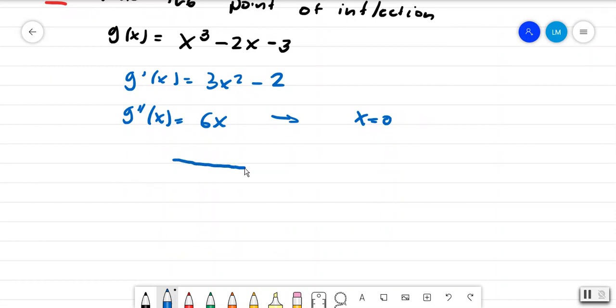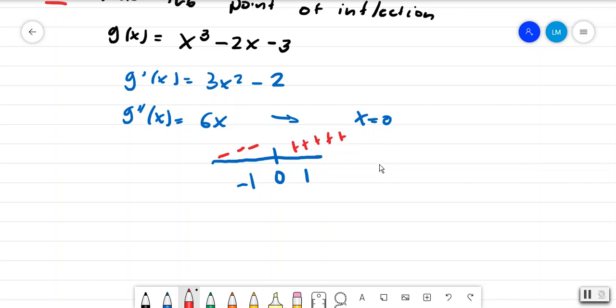Now, if we plug in a value such as less than 0, like -1, and greater than 0, like 1, what you're going to have is that that's going to be negative, and that's going to be positive. So essentially we have that the point of inflection is at (0, -3).